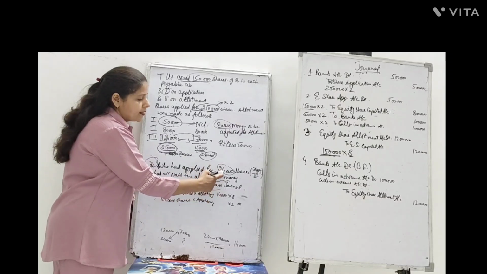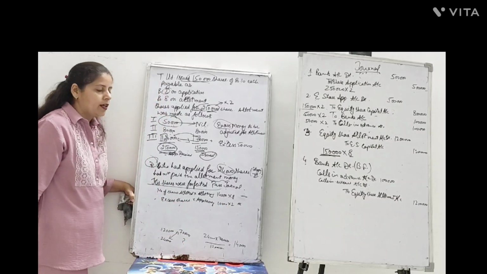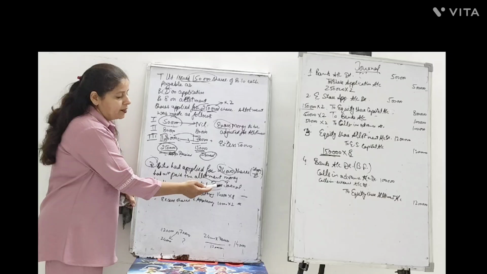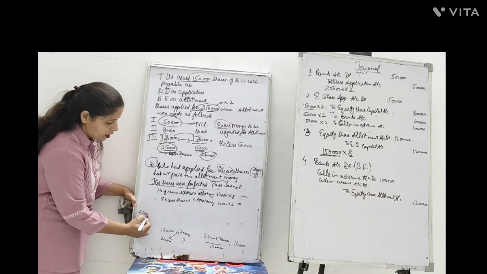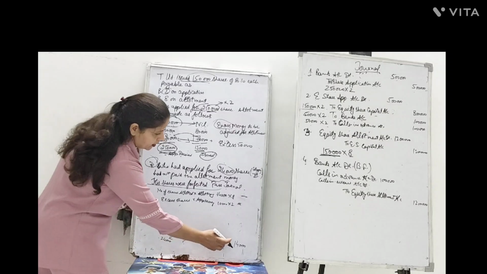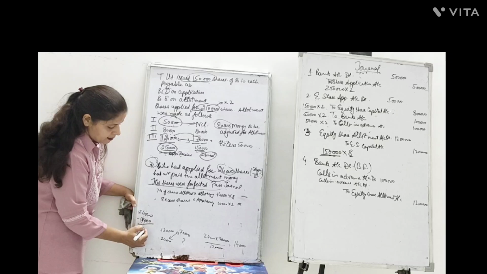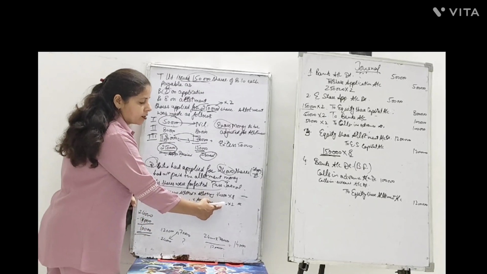So how much was the value of the excess number of shares applied? That was 10,000. He applied for 24,000, but allotted were 14,000 shares. So the excess he applied for is 10,000 shares.